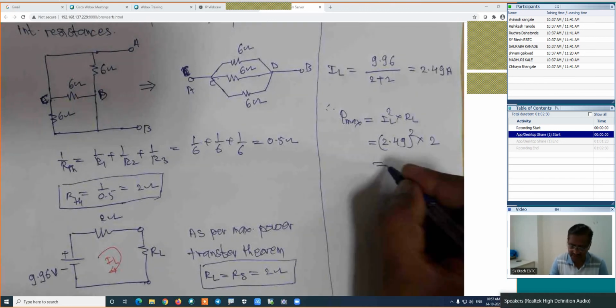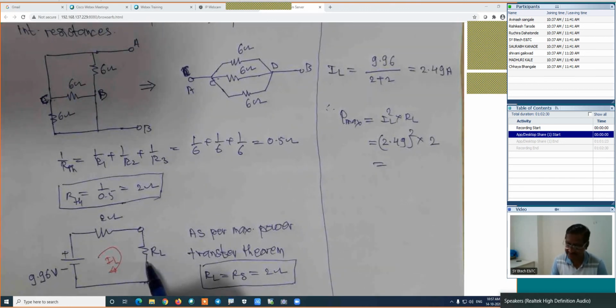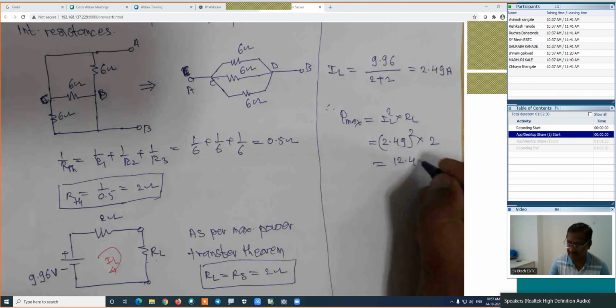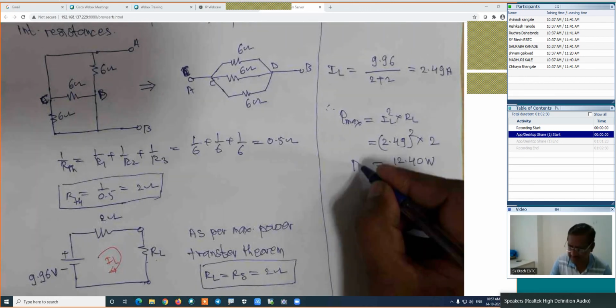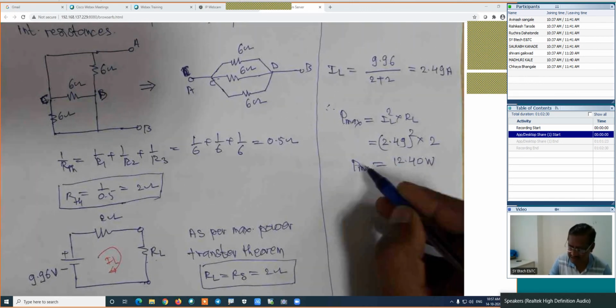This RL is not 2 plus 2, but only 2. Find out this power, which is nothing but the maximum power transferred to the load using this particular theorem. 12.40 watt is the Pmax, that is maximum power transferred to the load.